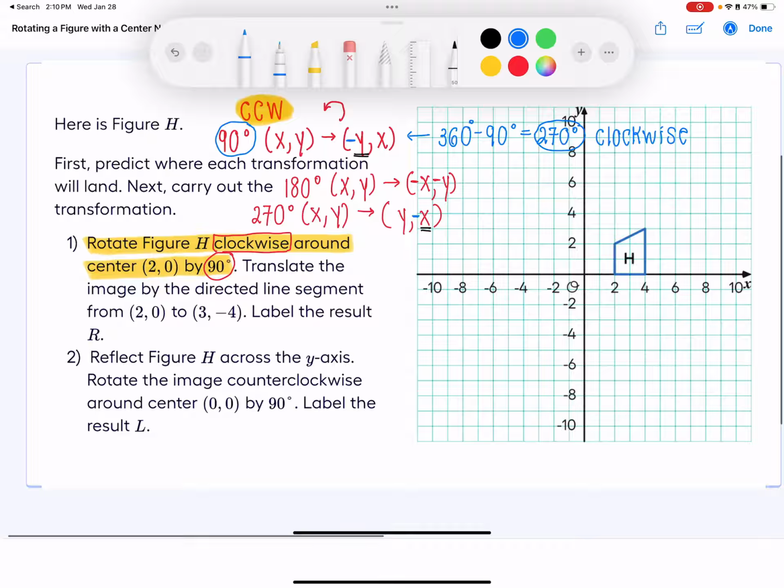Similarly, if I have 180 degrees, we kept telling you that it doesn't matter if it's 180 degrees clockwise or counterclockwise, because if I do 360 degrees minus that 180 degrees, I get 180 again. So 180 degrees counterclockwise is the same as 180 degrees clockwise.